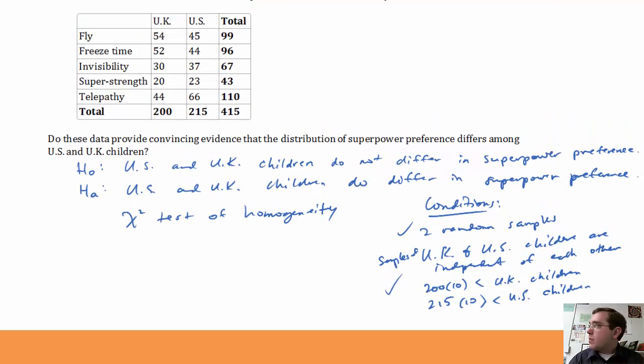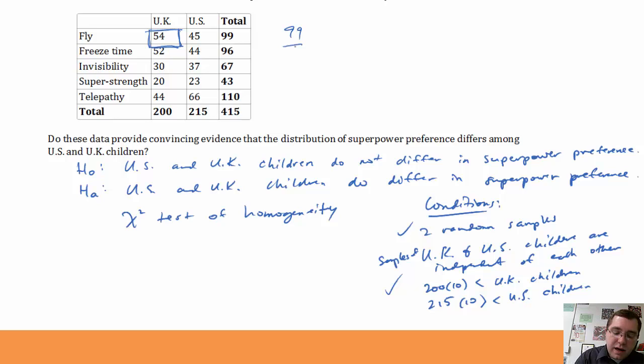How do we do that? For a two-way table, let's think this through. We're going to have an expected count for each of the interior cells of our table. So not for the total columns, but for each of these 10 cells on the inside. For this box, the UK children who would prefer to fly if they could, here's the way we'll calculate that value. We'll take the fraction of children overall who would prefer to fly.